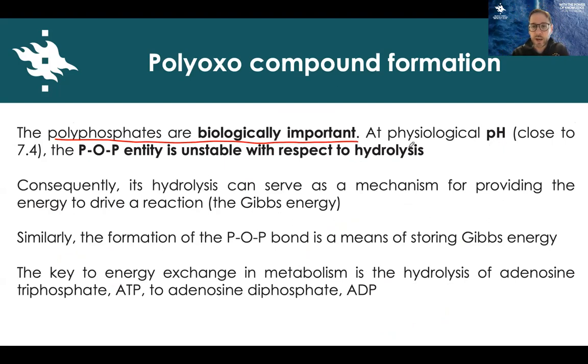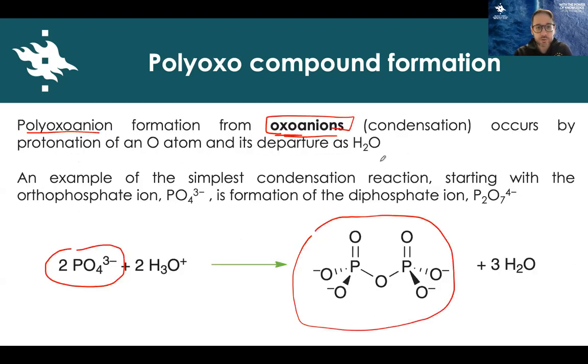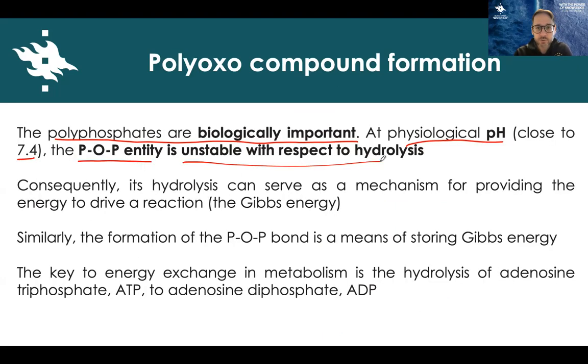So, for example, at our physiological pH, which is close to 7.4, the phosphorus entity is unstable with respect to this hydrolysis reaction, right?